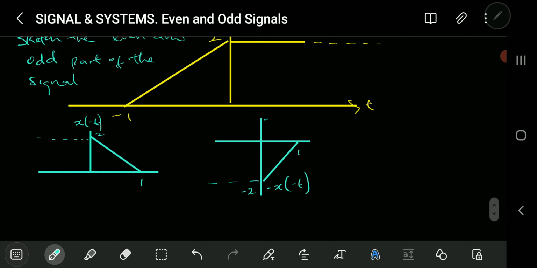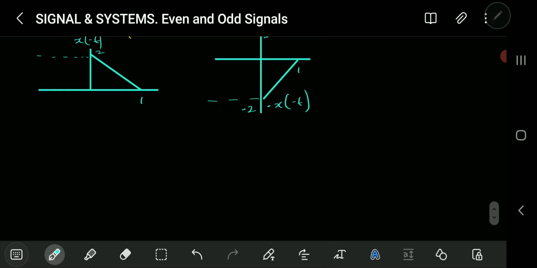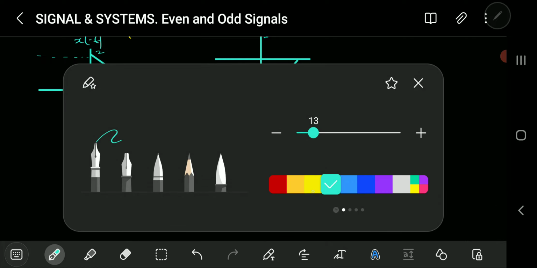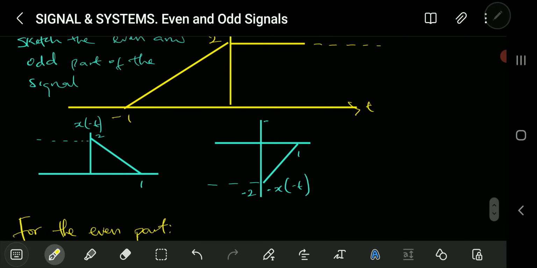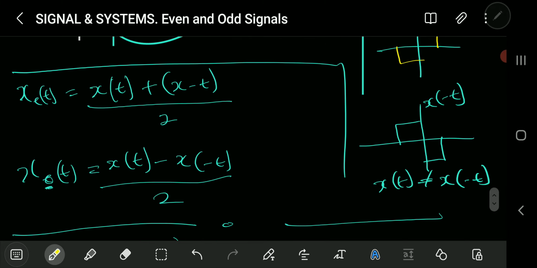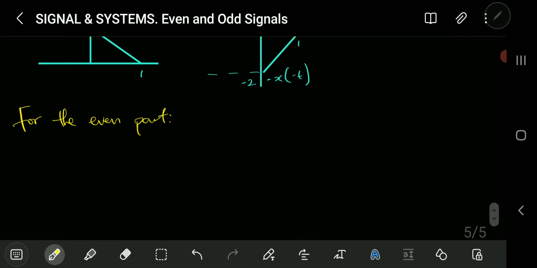So with this, if we are asked to sketch the even and odd parts, let's start with the even part. Remember that I gave the formula earlier for the even part, so let me come back and repeat it here.